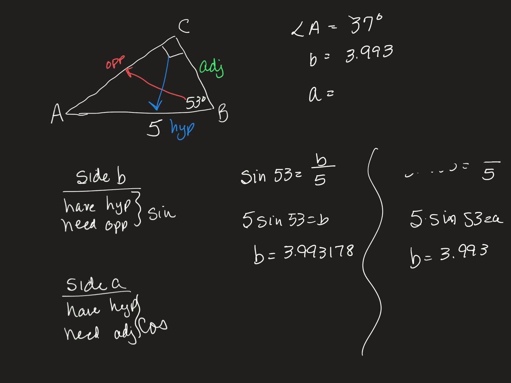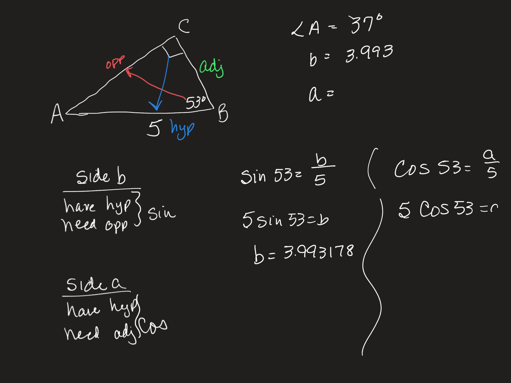I apologize. Let's try that again. That should have been cosine of 53 equals A over 5. Then I'm doing 5 cosine of 53 equals A. So 5 cosine of 53. That's 3.009075. So this is 3.009. And those are your answers.